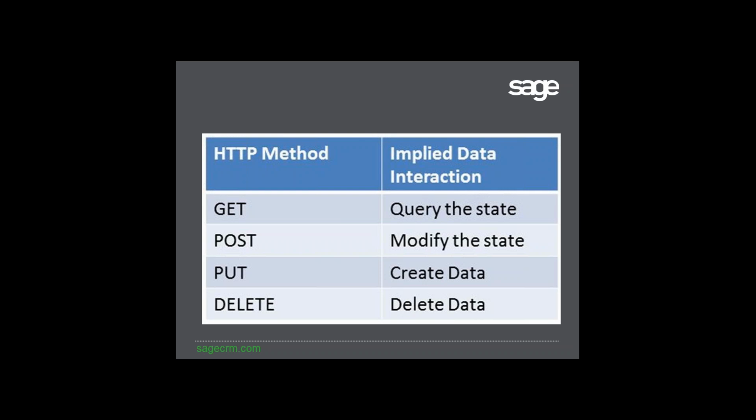These verbs within HTTP mean that we can include the HTTP method as part of the request to the server with a semantic meaning. And this is what representational state transfer, or REST, means. We're using the HTTP method to imply something on the server.